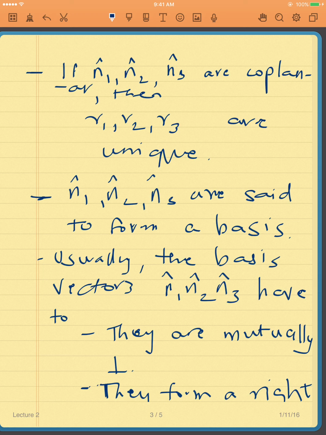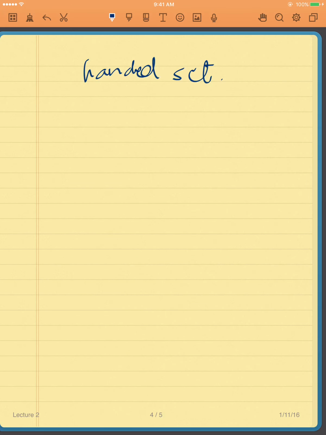So the first one is fairly straightforward, that they're mutually perpendicular. That means we have three unit vectors that are mutually perpendicular to each other. So you would have 1 and 2 in the plane of the paper, and the third vector pointing out of the plane. And when we say that they're right-handed, that has a certain definition in mathematics. This right-handed set is also called a triad set, and we'll write that down.